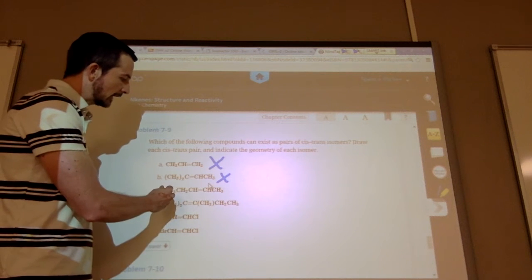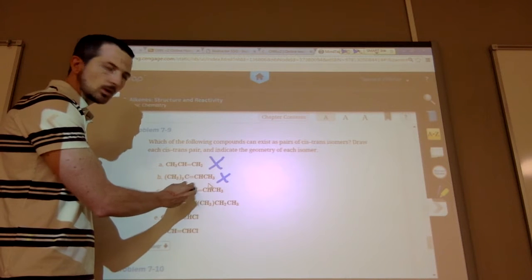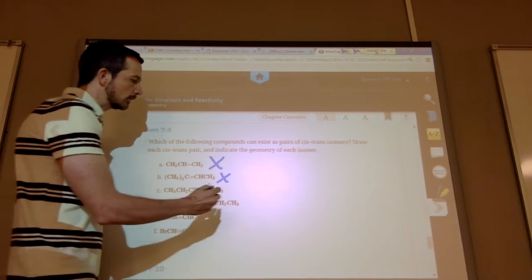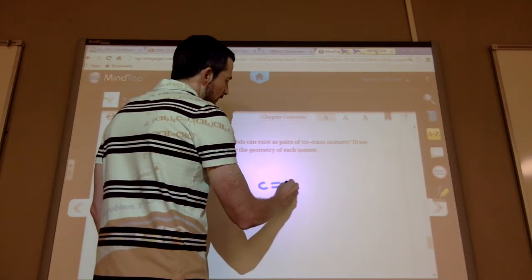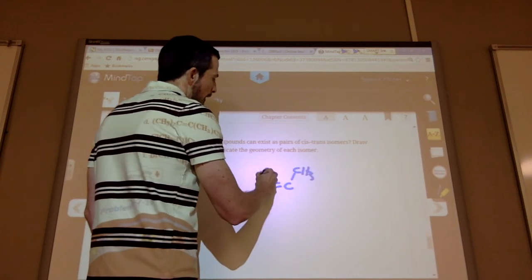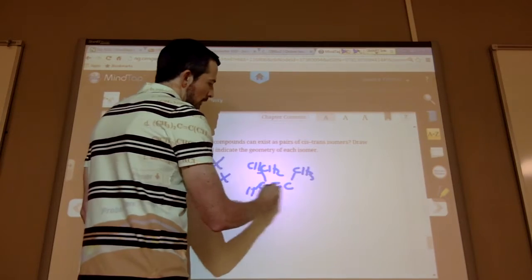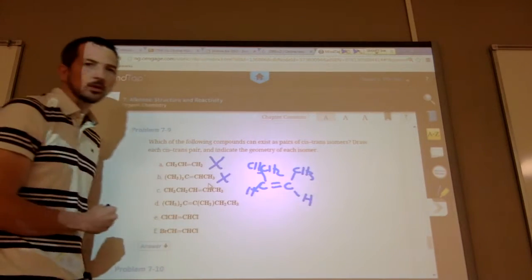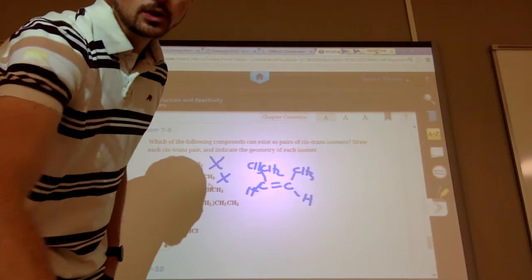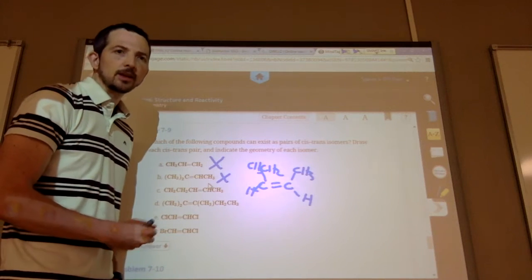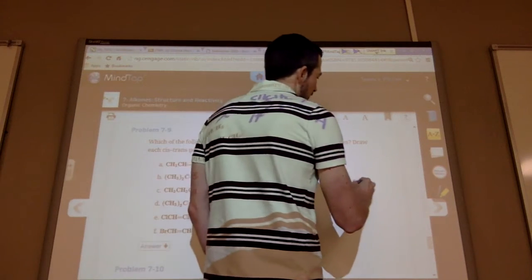If I look at the next one, I have an ethyl group and a hydrogen attached to one carbon, and on the other side a hydrogen and a methyl group, so that one can have cis-trans isomers. The ethyl and the methyl could be on the same side, or they could be on opposite sides.